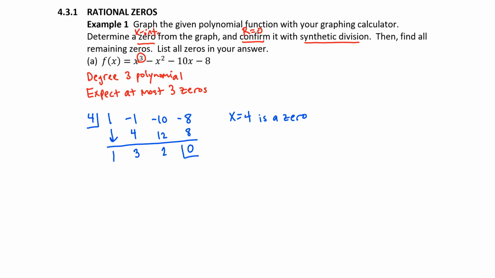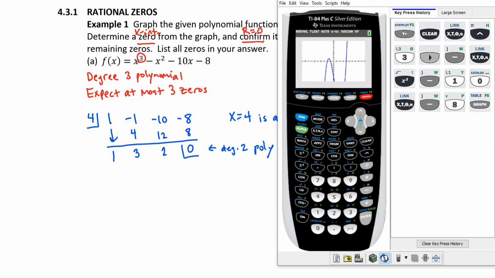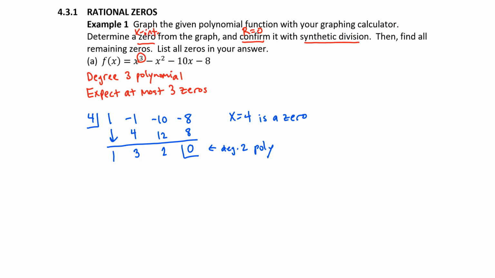Now, we started out with a degree 3 polynomial. After one round of synthetic division, this would represent a degree 2 polynomial. So it is encoding 2 more zeros. If we glance back at the graphing calculator, notice there's another x-intercept at negative 1. I could divide negative 1 out of the original polynomial, or I could just tack it on to this degree 2 polynomial that I have listed right here.